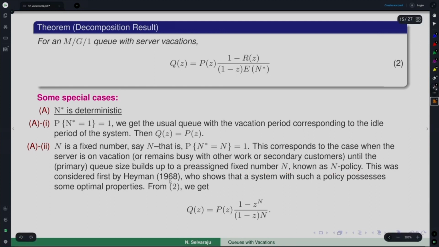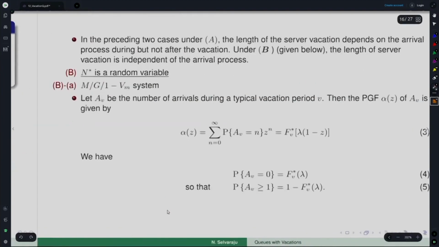This was the case first considered by Heyman, who showed that a system with such a policy possesses some optimal properties to be used in practice. In that case, this quantity is simply n and R of Z will simply be Z to the power n. So, this is what you would get as Q of Z. This is when n star is deterministic.